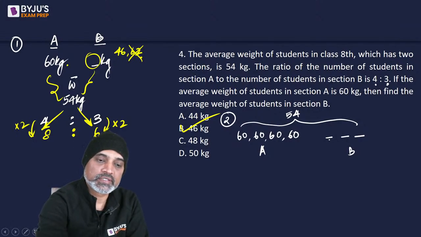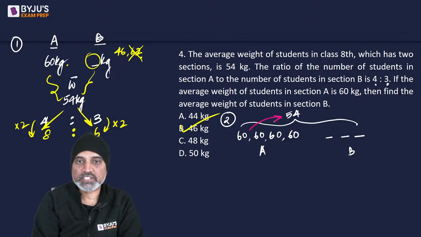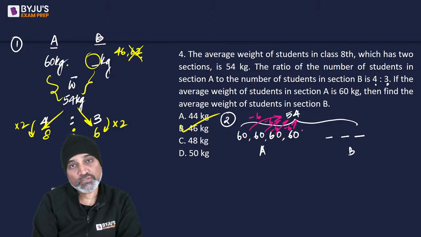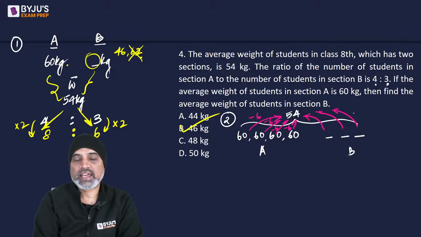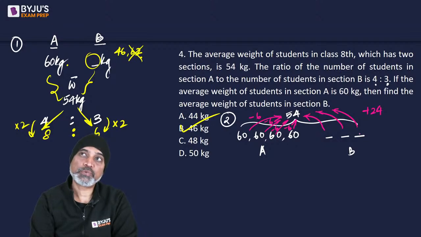3 students. So if you pay attention, you will realize that 60 to 54 is a reduction of 6. This is a reduction of 6. This is a reduction of 6. This is a reduction of 6. So there is a reduction of 6 into 4, 24. So here, there should be an addition of 24 overall. Now, the addition of 24 is supposed to happen from 3 people.